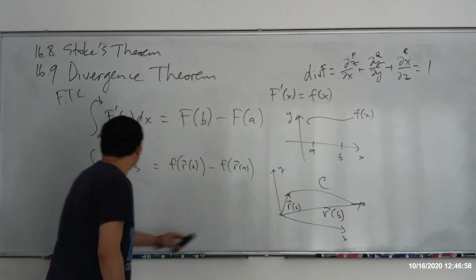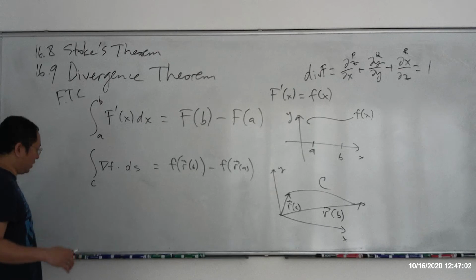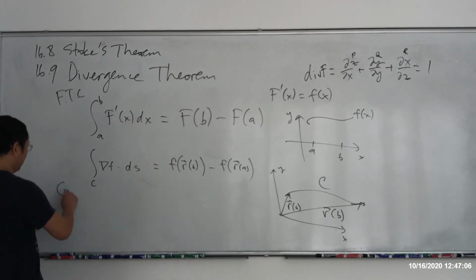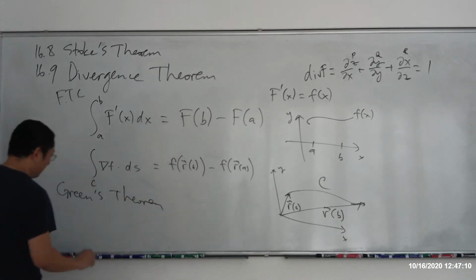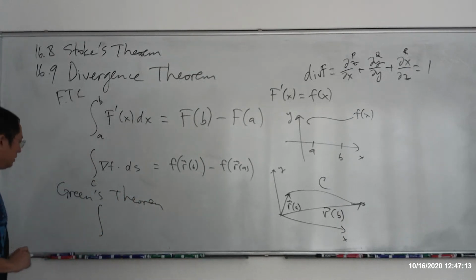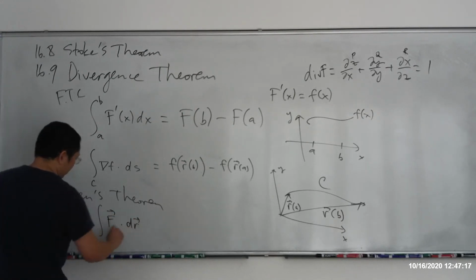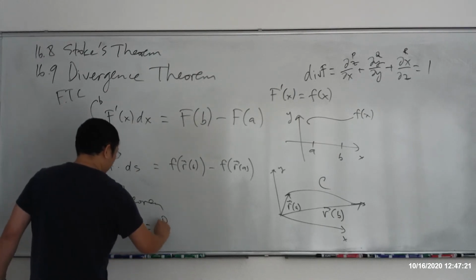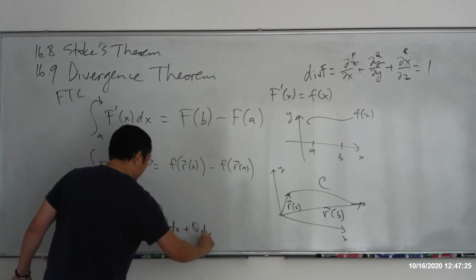And then we have Green's theorem. What does Green's theorem say? You have a closed curve on the xy plane. The line integral of F dot dr, and this is how I usually write it. In the book it is written as the integral of P dx plus Q dy.